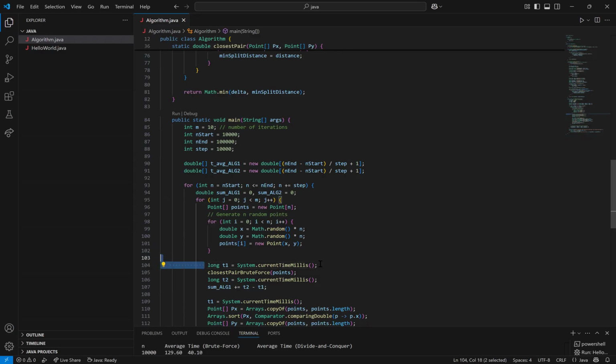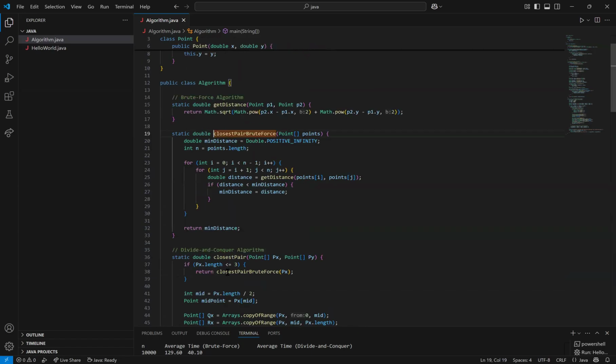So here I'm starting my time, and I'll be running the brute force code for that, and then I'll complete the time. So this sum of algorithm one will be the difference between these two times, T2 and T1. So I'll be able to get the correct time, like how much time is taken to find the set of points.